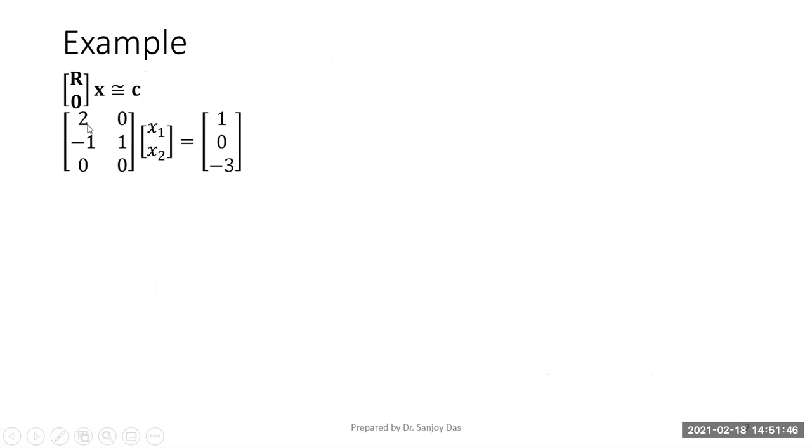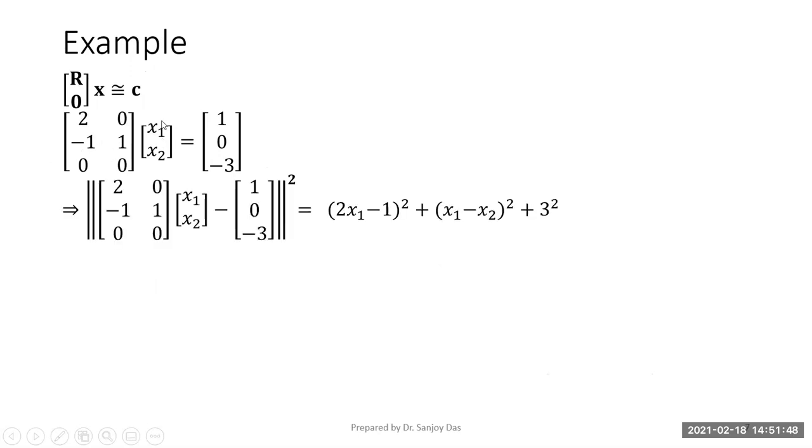I take the difference between the left and right and the square norm of that, then I do the multiplication and simplification, and it yields this: the squared L2 norm of R0X minus C.